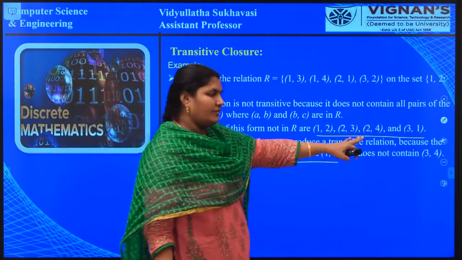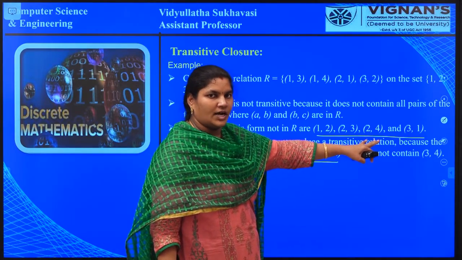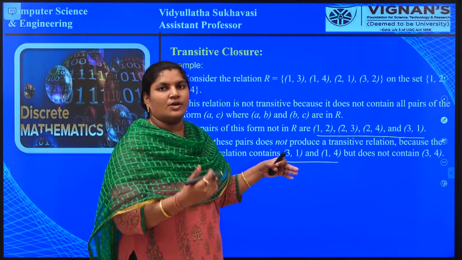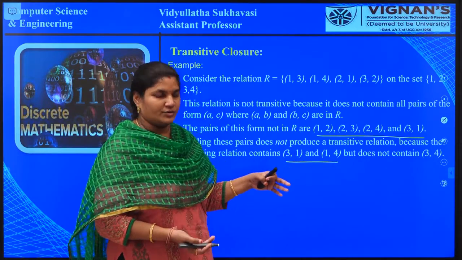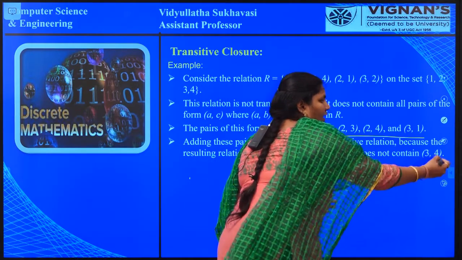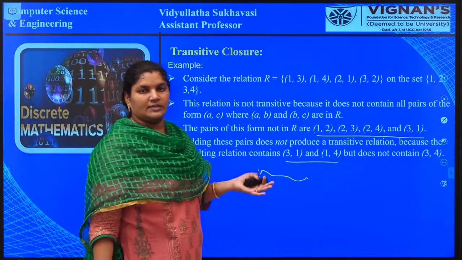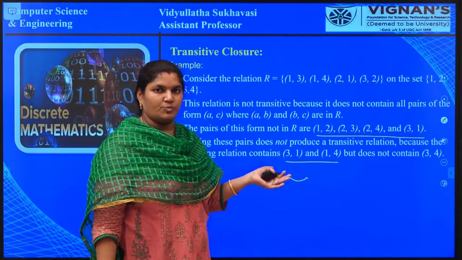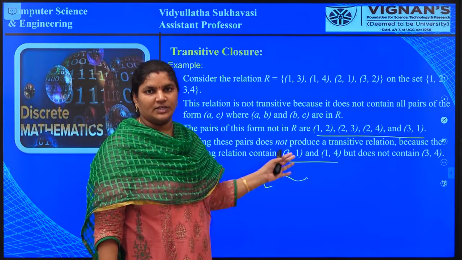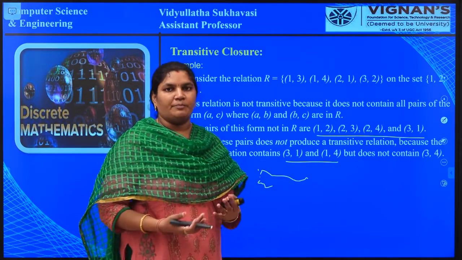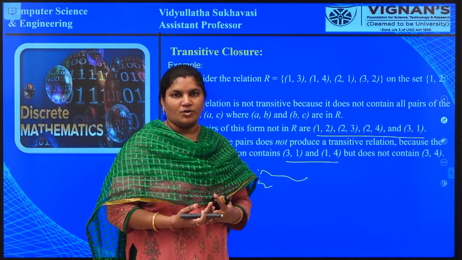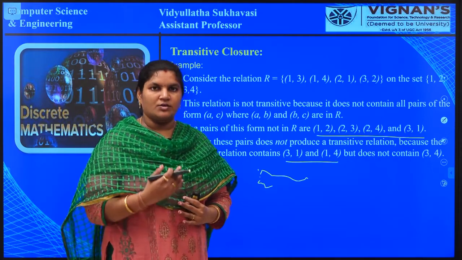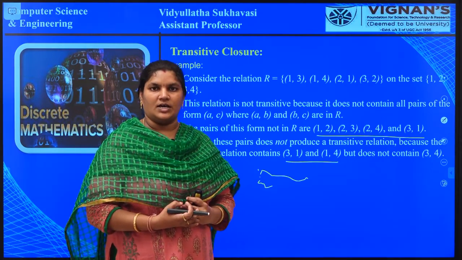Again when you apply the transitive property it is not satisfied, so again we check which ordered pairs we need to add, and we added this (3, 4) ordered pair. Then it satisfies the transitive property, and the transitive closure is finished for the given problem. So compared to other closures, transitive closure is somewhat difficult to do, because we need to do a continuous process to complete the closure for the given relation R.